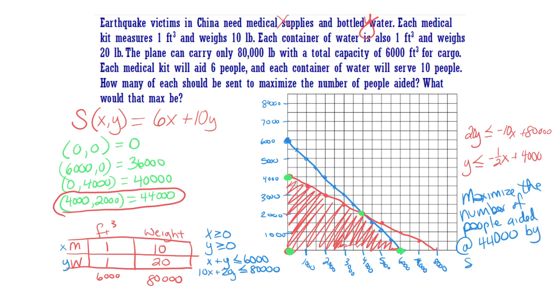Well, we need to send, it looks like 4,000. Remember, that's your x, 4,000 medical kits and 2,000 water containers. Nice sentence there explaining what the heck all this work meant.